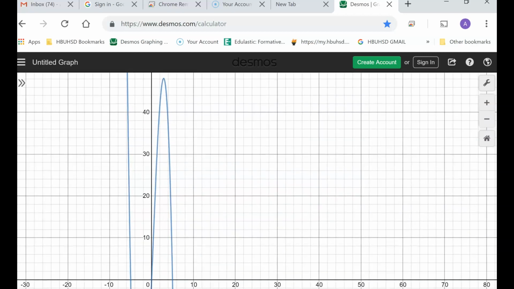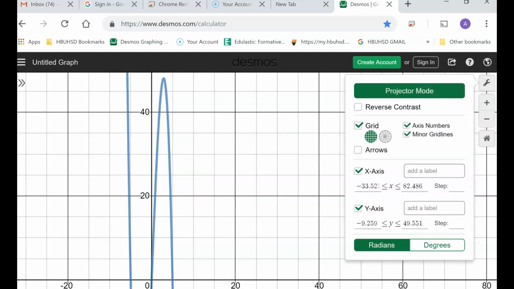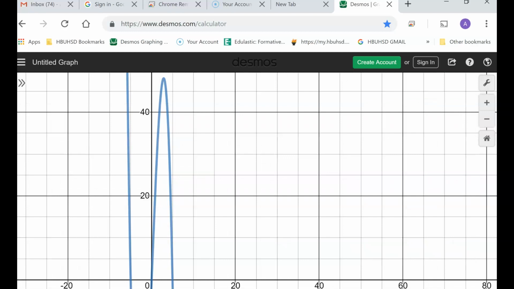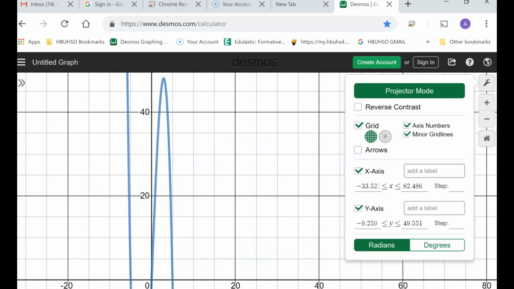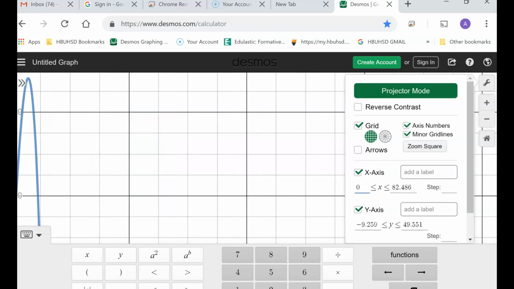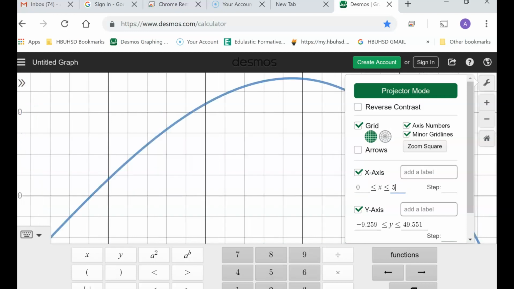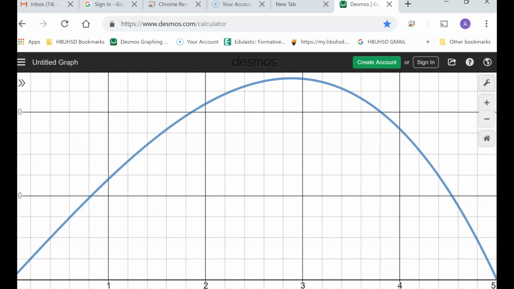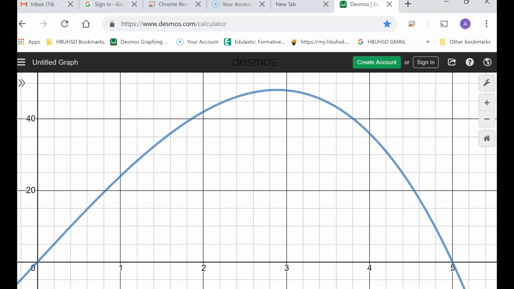In addition, let me make this darker for you, okay? Projector mode, there you go. And I want to make sure the scaling starts at 0, and we don't need that much, so let's do 5. Okay, perfect. So this is pretty much all I'm going to focus on.